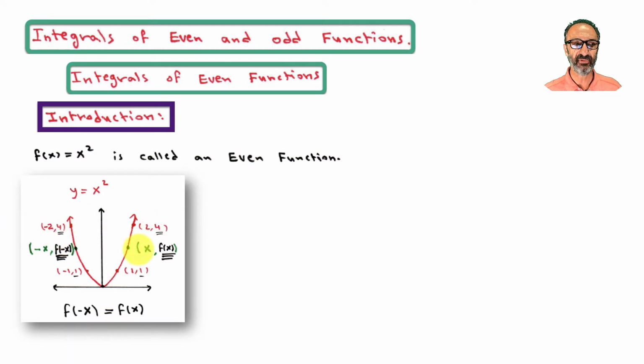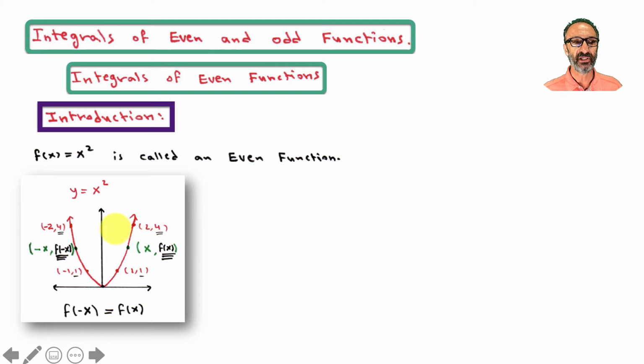Here's another example, a good number. 2 takes you up to 4. On the other side, negative 2 takes you to 4 also. This is called even.